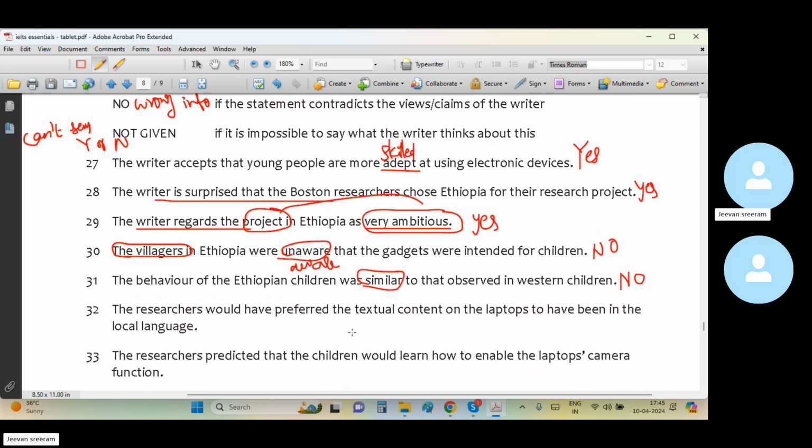Okay, right. Next, the researchers would have preferred the textual content on the laptops to have been in the local language. It's not given, sir. Because there is no information that researchers have actually preferred the textual content on the laptops to be in the local language, right?